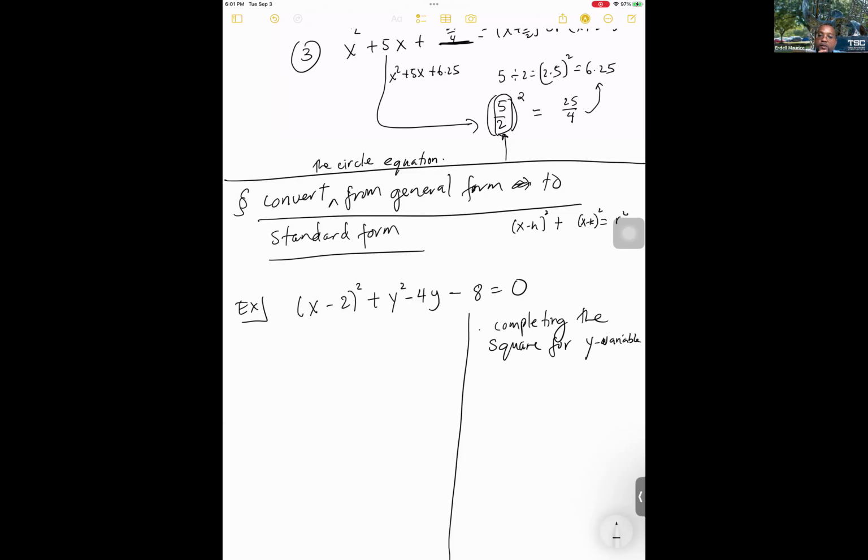And so what it means is that for the y value, I'm going to have to divide by 2 and square. Now that I know I'm focusing on y values, I can then flow through these steps right here.